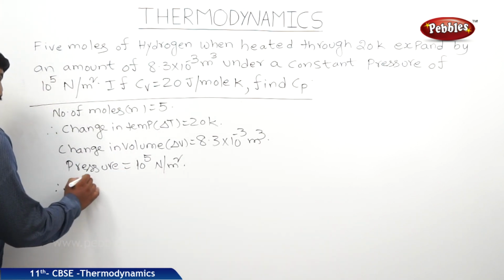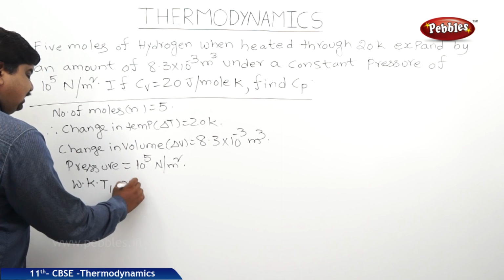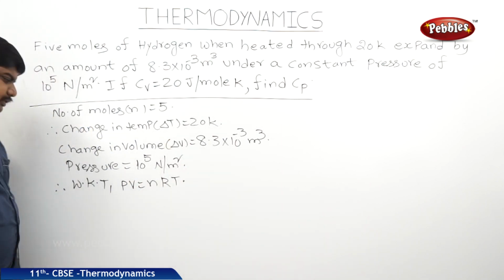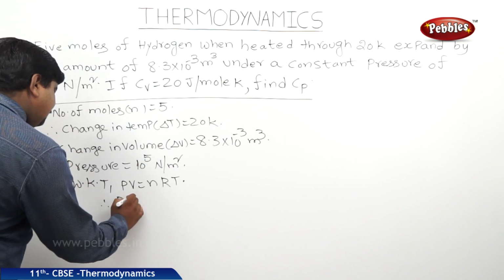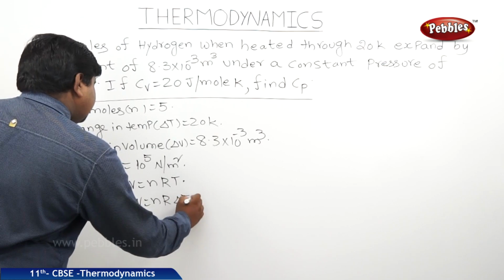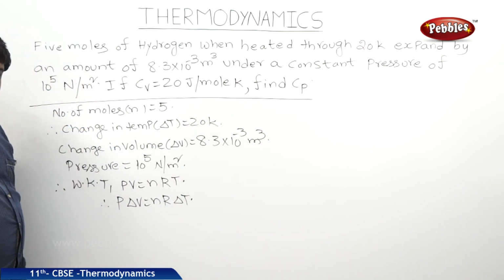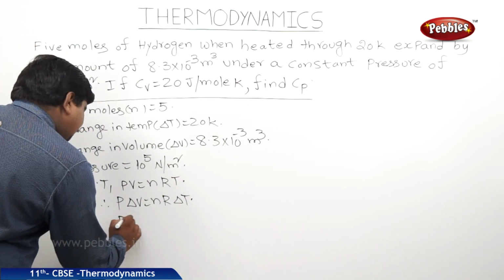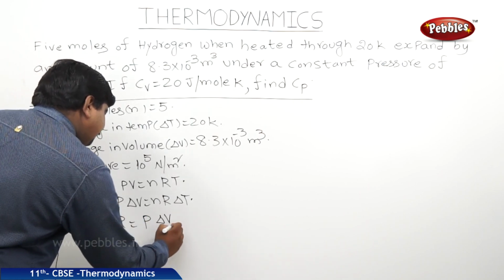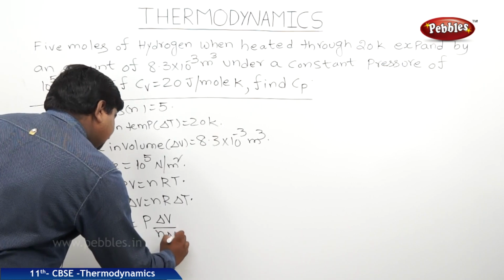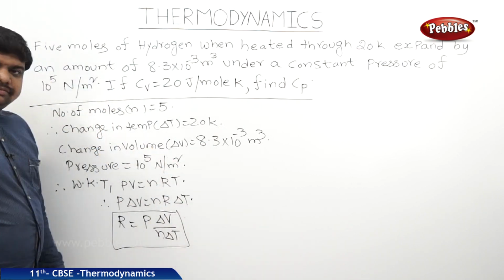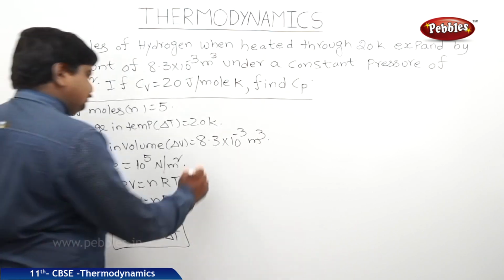We know that PV is equal to nRT. So we can write P delta V is equal to nR delta T, where R is equal to P into delta V by n delta T. Now we should find out this R value.